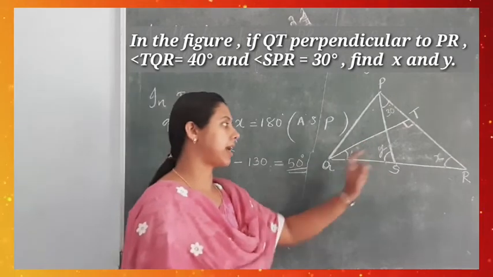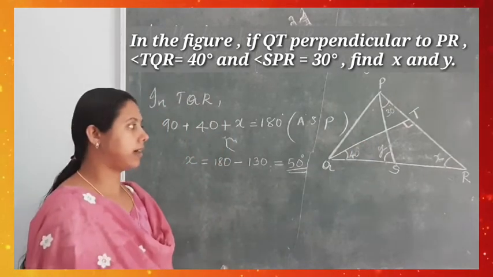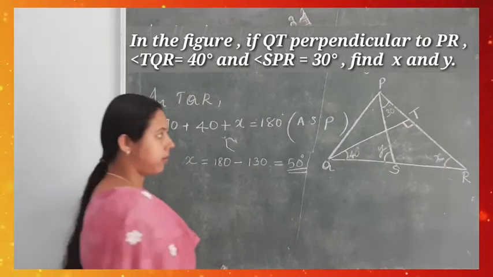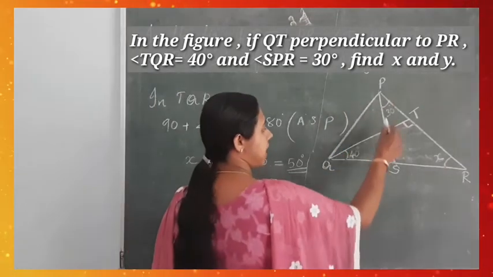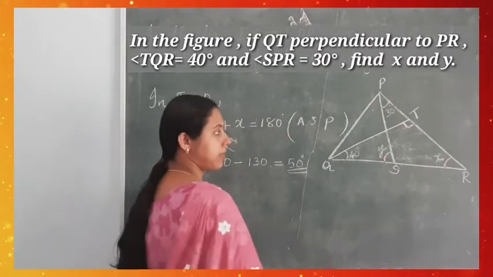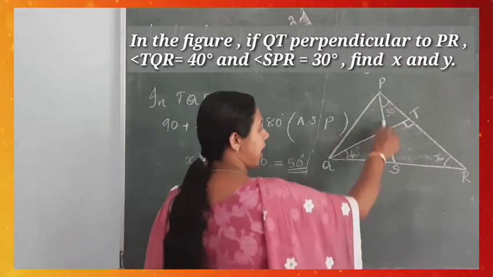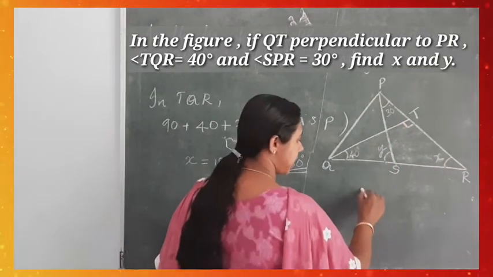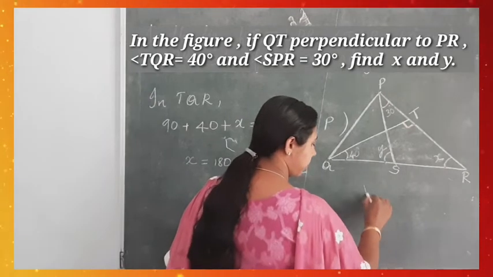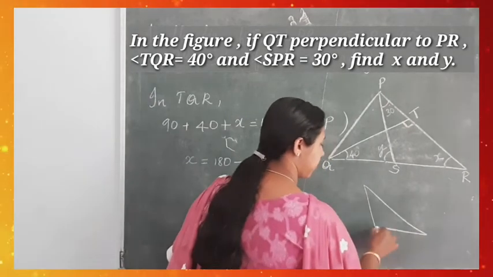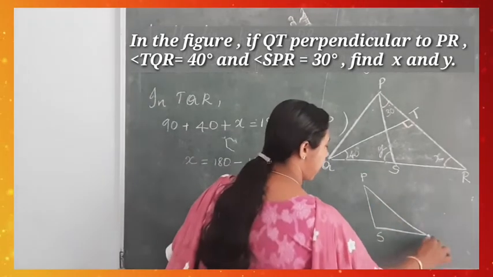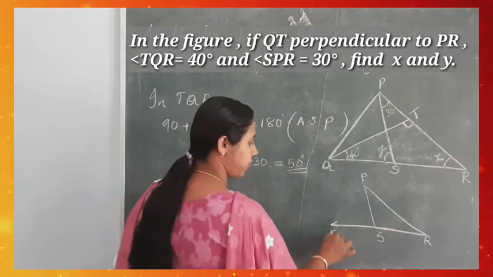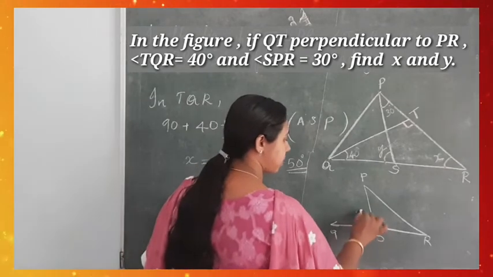Next we want to get angle y. Observe this angle. What type of angle is angle y? When you observe the triangle PSR, angle y is the exterior angle of this triangle. If you draw PSR separately, and we produce the line RS to the point Q, this angle is y.